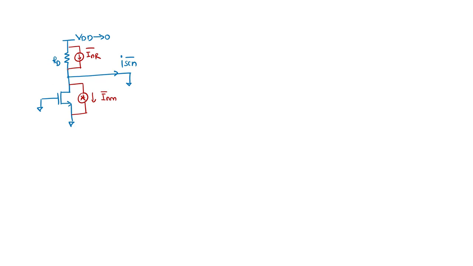Okay. So what we can see, one by one using the superposition principle, if I consider the noise source of the transistor only, RD is at the time being noiseless. I have considered the direction downward. This is my INM, and this is my short circuit noise current ISCN, let's say ISCN1, due to the transistor only.